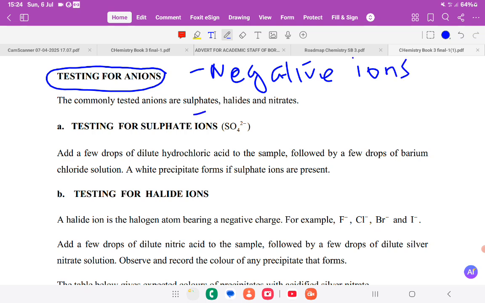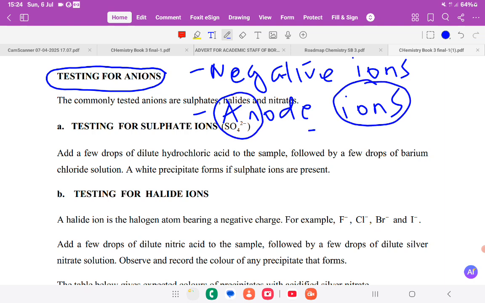The word anion comes from anode ions, named after the electrode to which the ion migrates to during electrolysis. So instead of saying anode ions, simply take the first part, the AN, and then you add the ions, so you have anions. Very important. That's just by the way.